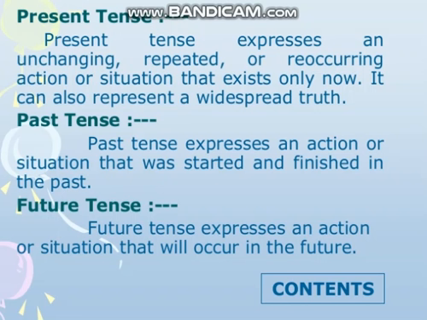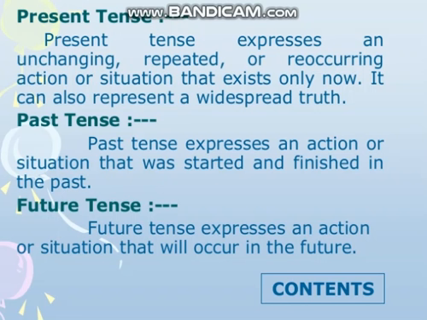So we discuss the events which are unchanging, which are repeated, which occur on a daily, monthly, or yearly basis. Such sentences can also be called habitual sentences because they repeat at regular intervals of time. They are reoccurring actions, or they just reoccur time and again.